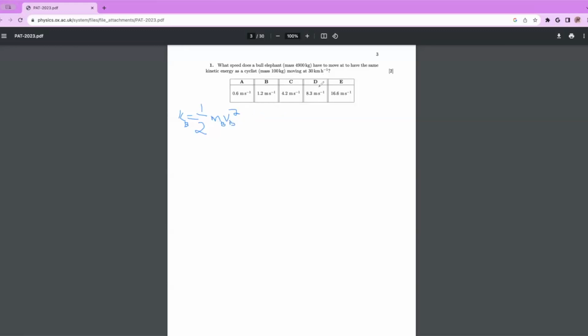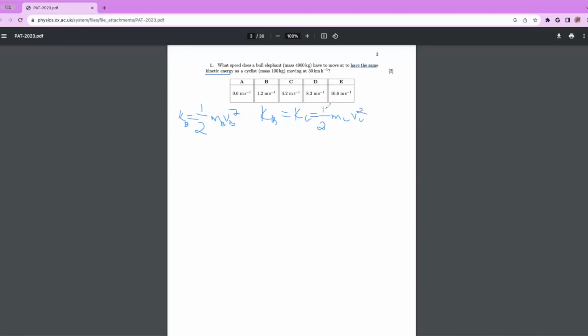And we said that we have to have the same kinetic energy as the cyclist, meaning kinetic energy of the bull is equal to kinetic energy of the cyclist. And kinetic energy of the cyclist would be 1/2 mass of the cyclist times the velocity of the cyclist squared.